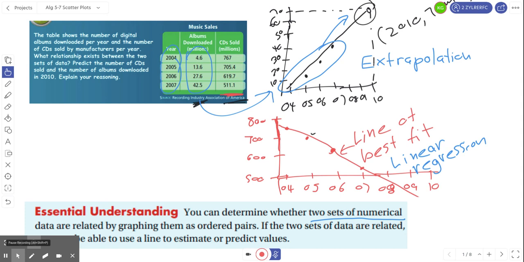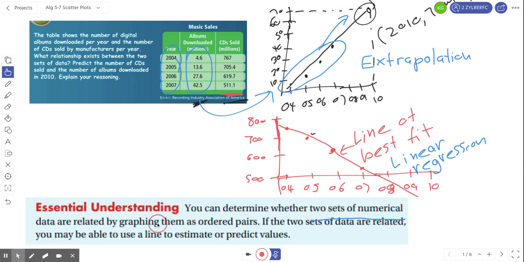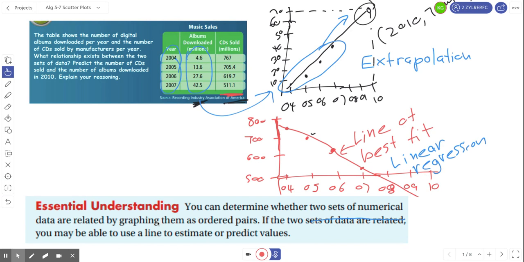And by looking at those ordered pairs, we did see that there was a pattern. It's not always the case that you will find a pattern. But in this case, we did see that there was a pattern. And because we saw that there was a pattern, we were able to use a line to estimate or predict values. And we're going to look at better and better ways of doing that in this lesson.